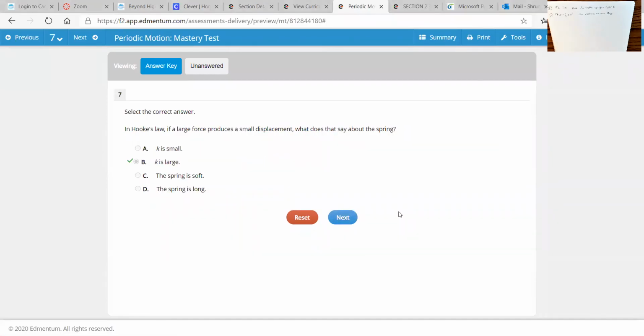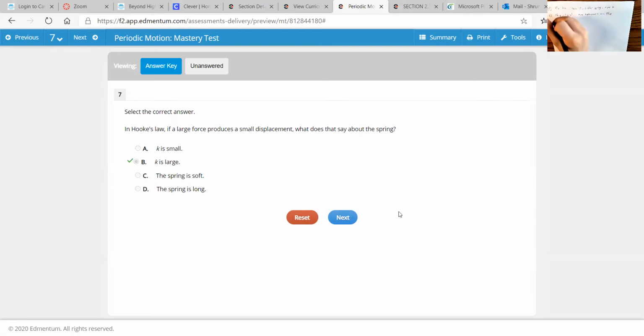In Hooke's law, if a large force produces a small displacement, what does that say about the spring? Well, that means that k is large, right?